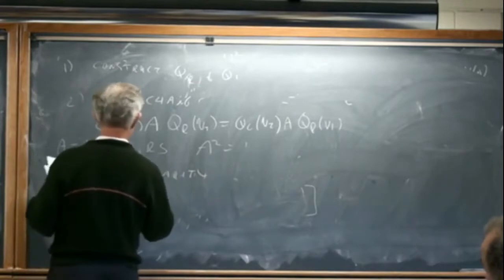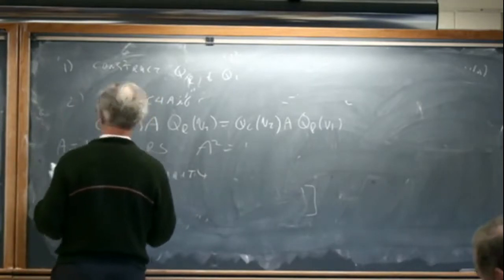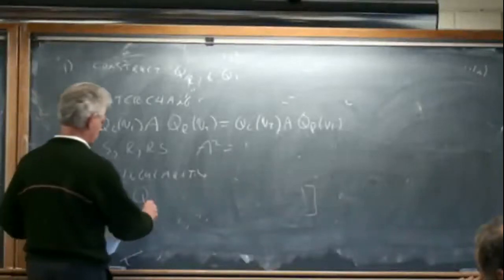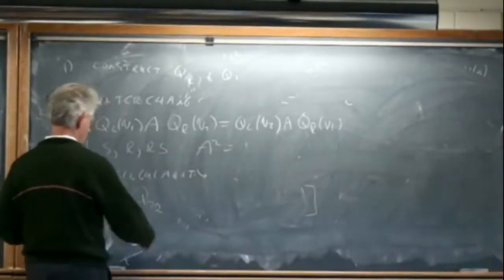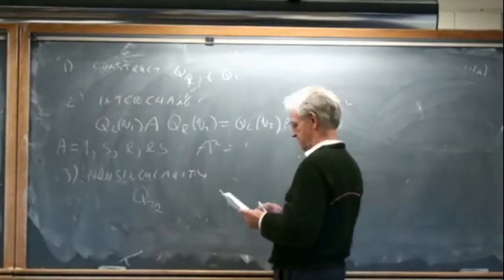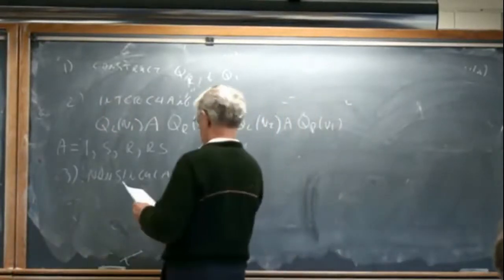then I can write a Q, which will satisfy a TQ equation, and I'm going to call this Q72 because it's constructed out of the procedure Baxter invented in 1972.